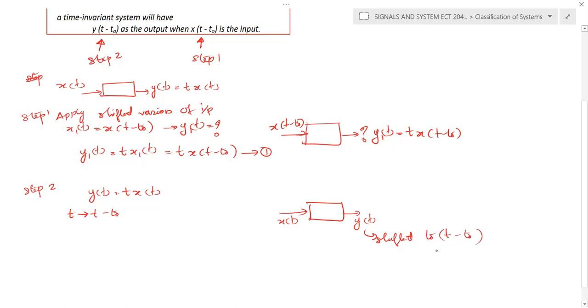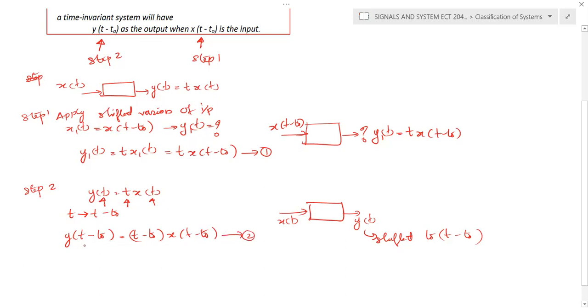In order to find the shifted version of the output, y of t minus t0, you simply replace t with t minus t0. So here we need to replace t with t minus t0, and also x of t with x of t minus t0. So this is equation number 2.